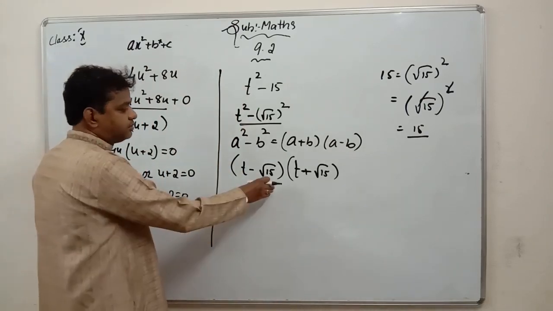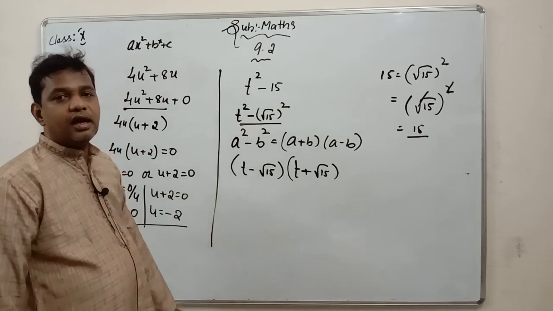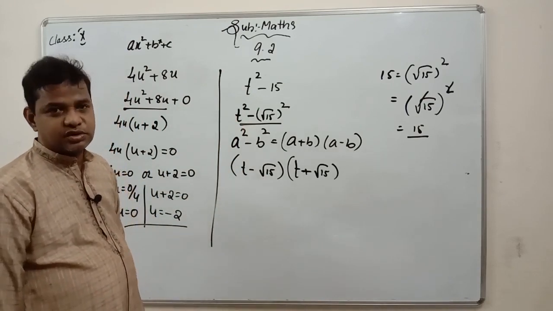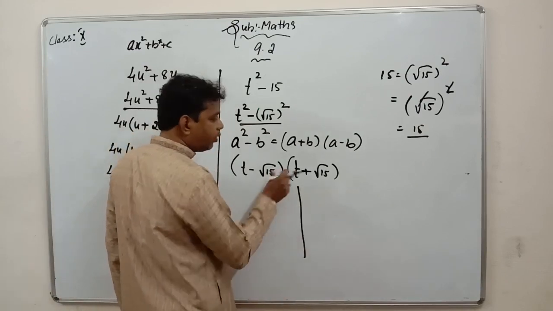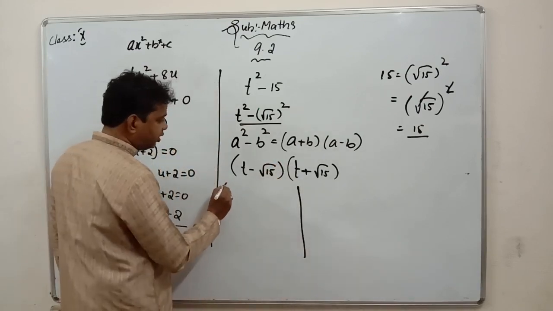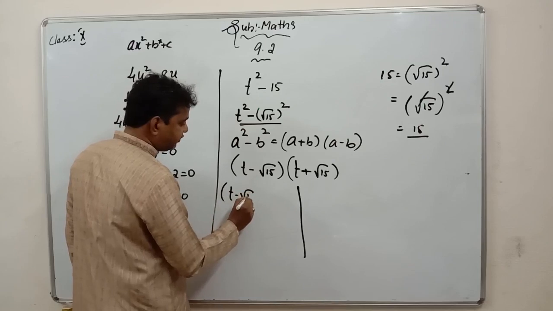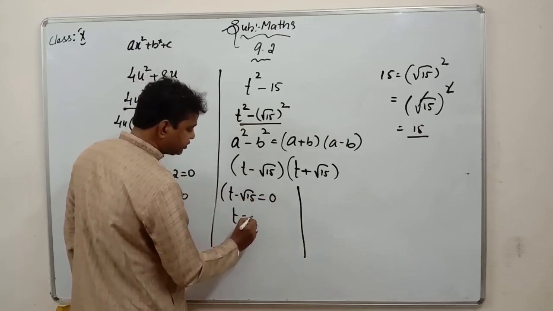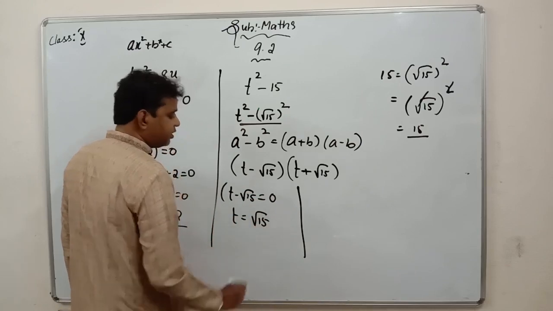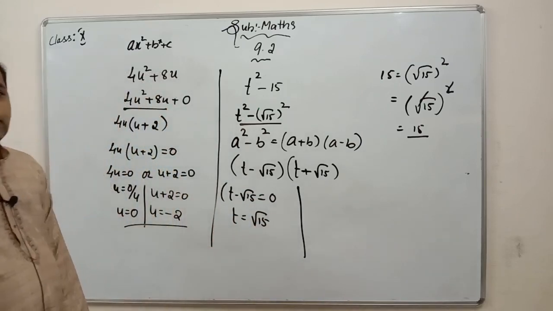Observe now, we already did this last time. Now equate to 0, because we are finding the zeros of the polynomial. In this, one factor must be 0. So t minus root 15 equals 0, or t equals root 15. So the value of t now is root 15.